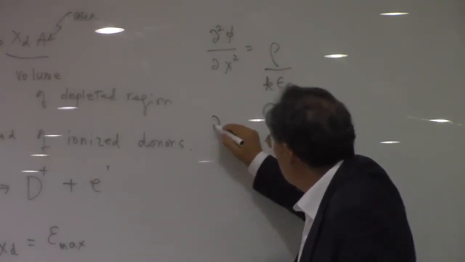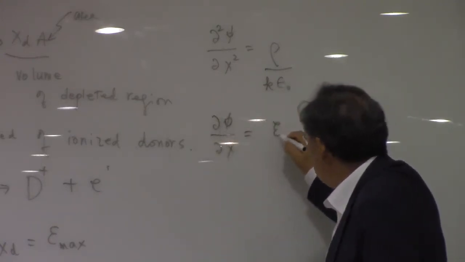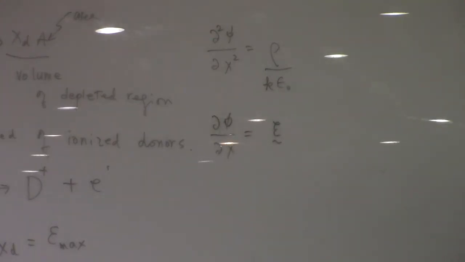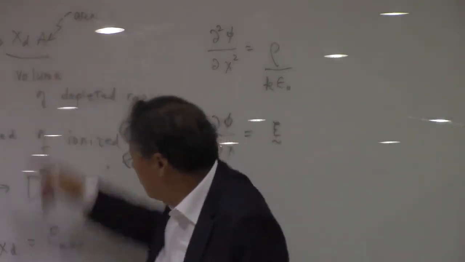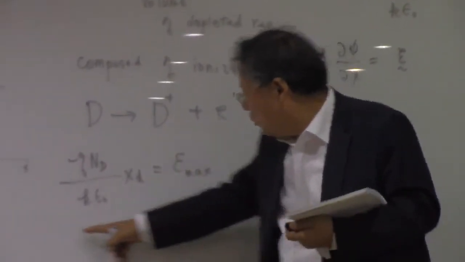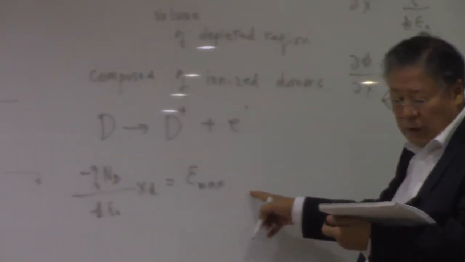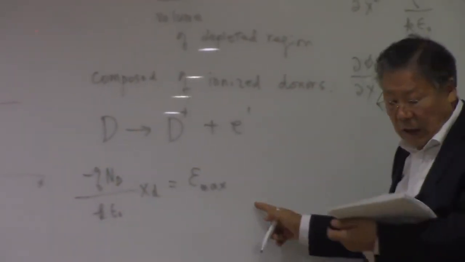If you make a first derivative of the potential, that is related to the electric field. So all you have to do is make an integration from 0 to XD, so that the left-hand side is related to the electric field.